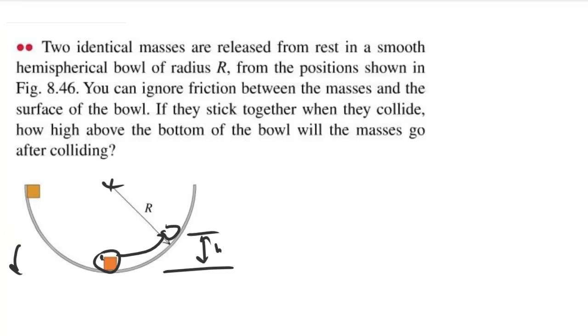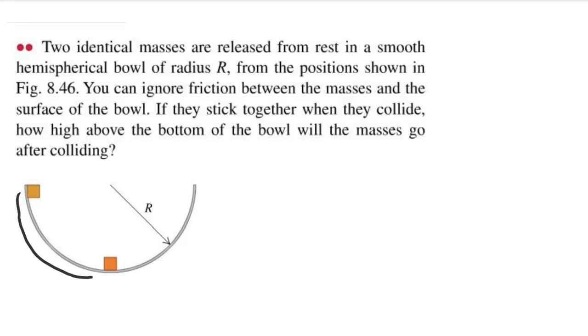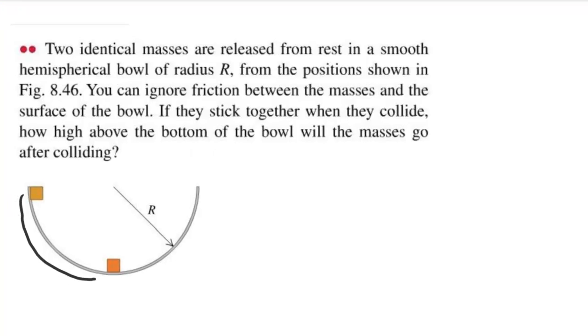So we look at this and we know it says it's a frictionless bowl as well. So we can look at conservation of energy from here to here. Energy would be conserved because it's frictionless here. I guess I could use kinematics and whatnot, but it's on this curved surface, so energy analysis will be much, much easier.